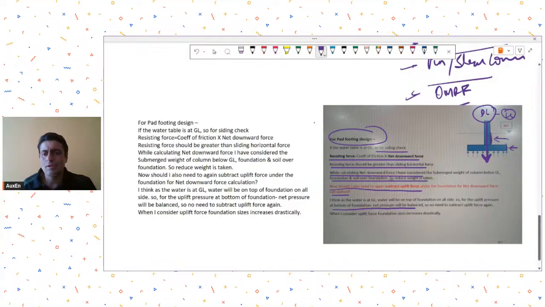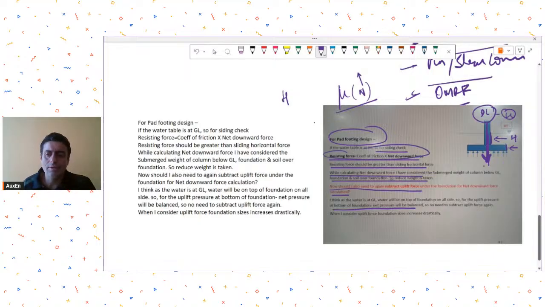So the lateral or horizontal force acting is so small, and it is getting resisted by mu times the normal force. And this normal force will consist of the reaction from the column, and that will be so high. So why at all do you want to check the sliding? That is my first query.